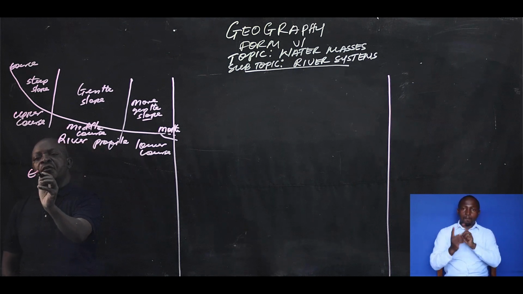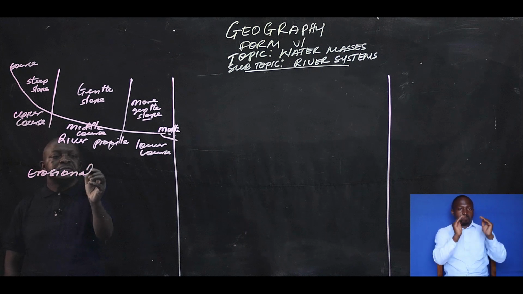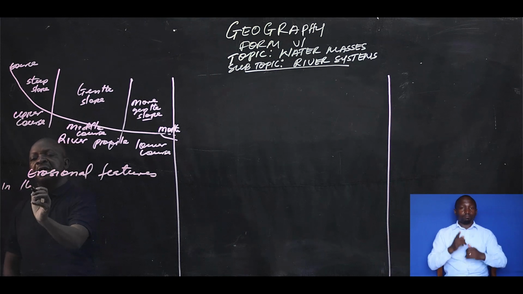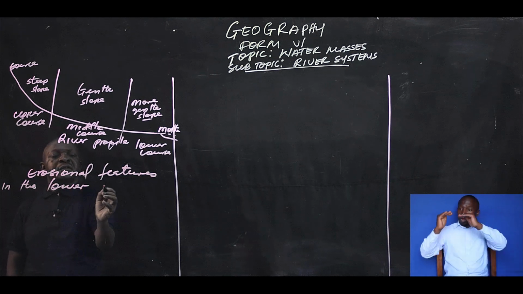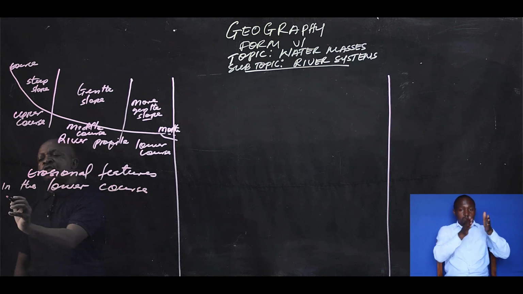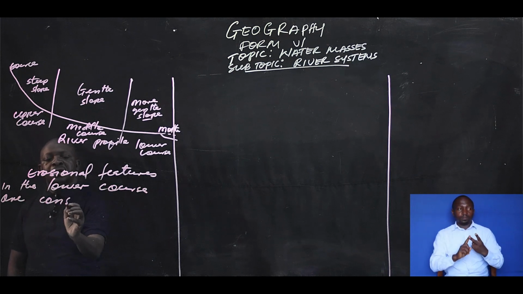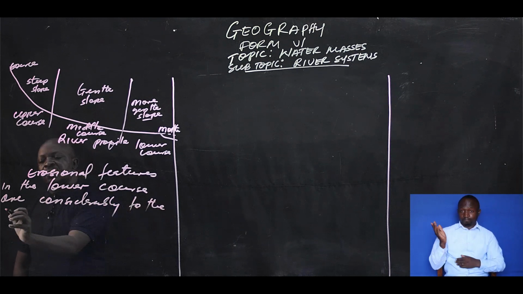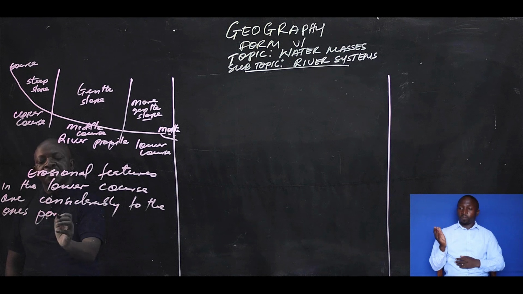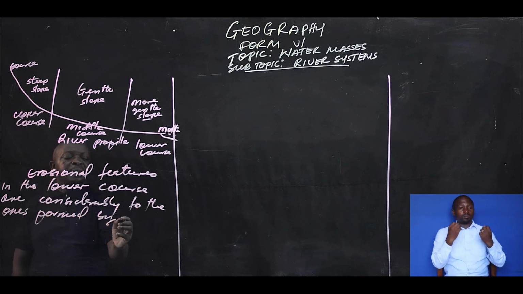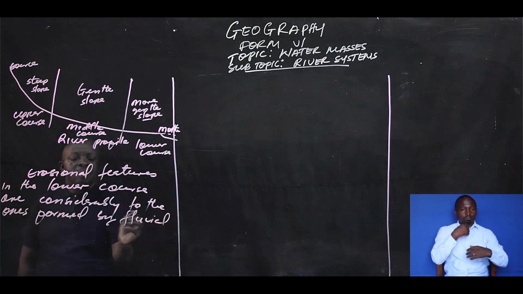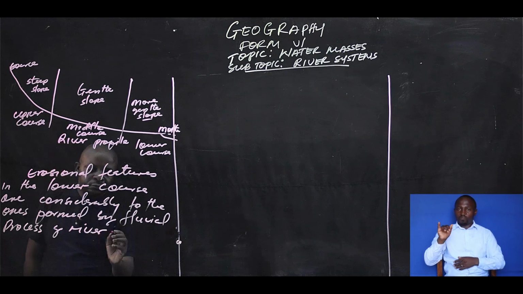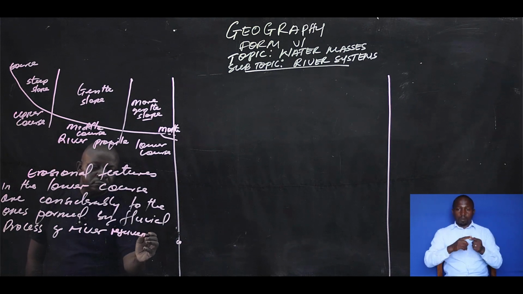So erosional features in the lower course are comparable to the ones formed by the fluvial process of river rejuvenation.